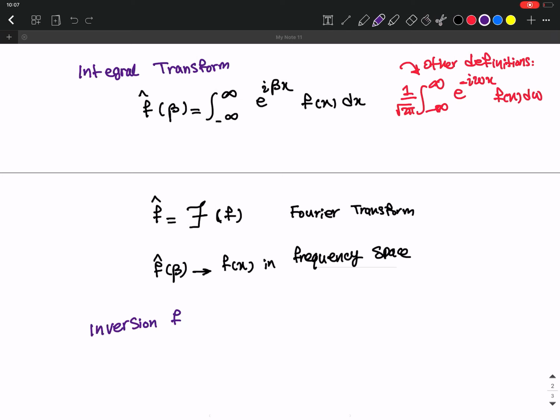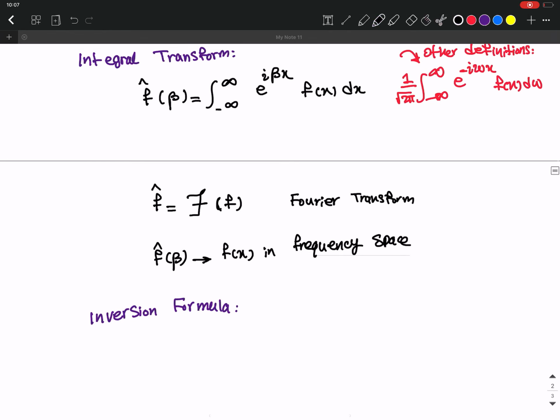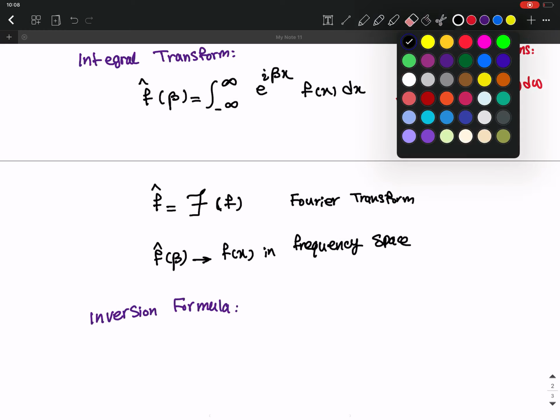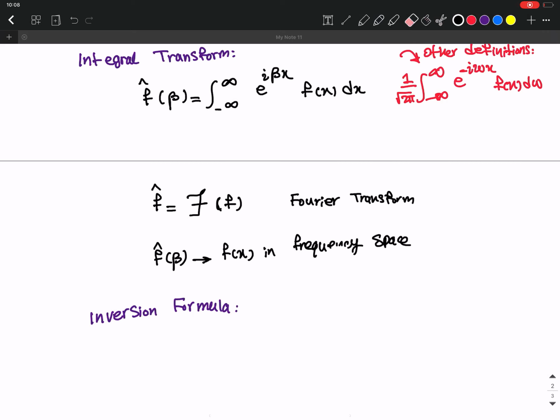So inversion formula. In the inversion formula, we get f(x) back, return or turn back the f(x) from the frequency space to regular space. Okay, so this is the inversion formula. This is written as this. So we get back f(x).